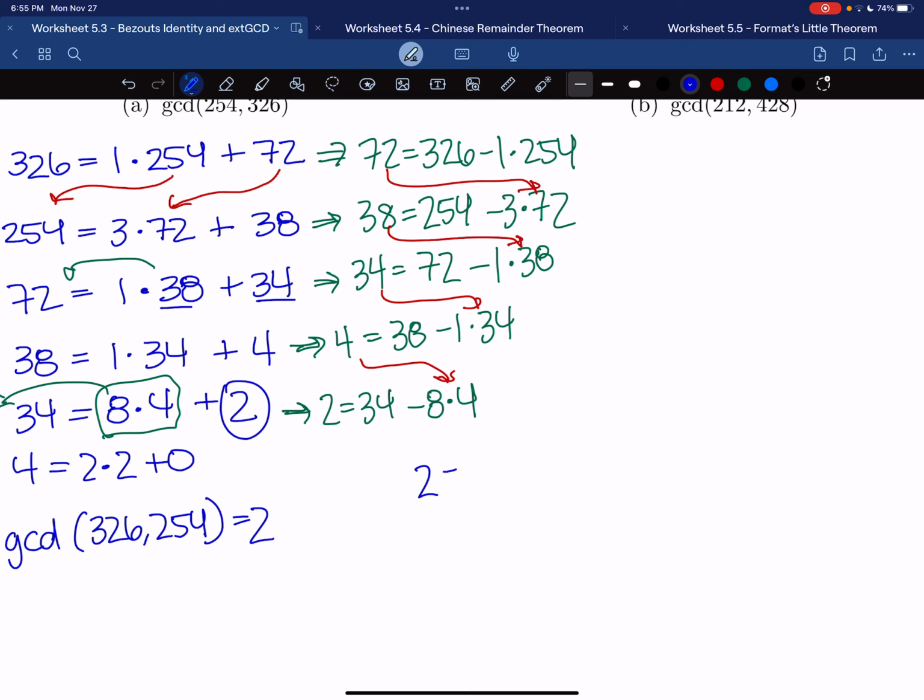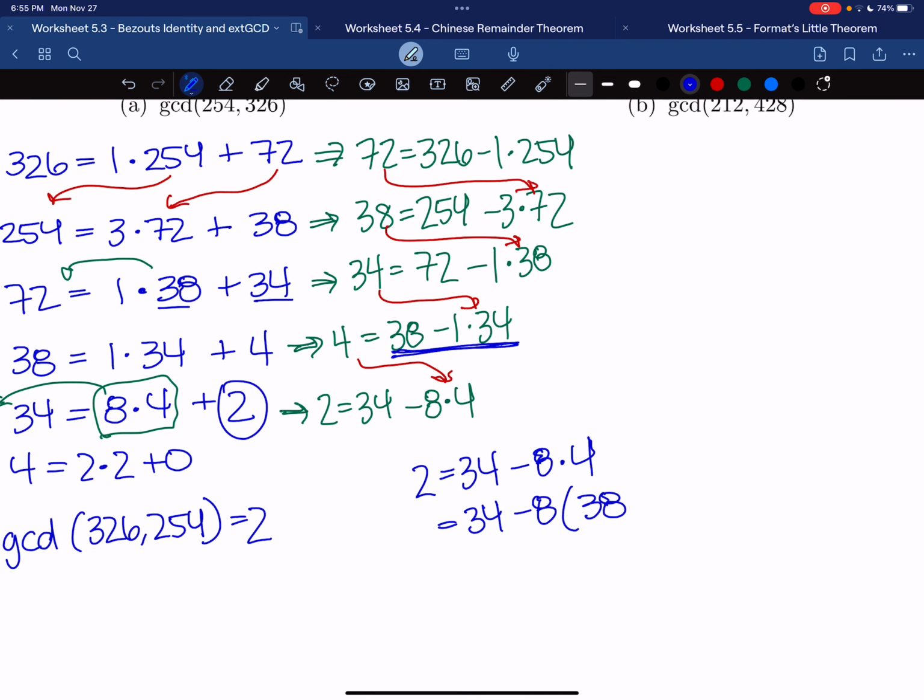2 is equal to 34 minus 8 times 4, which is equal to 34 minus 8 times, and here I want to use a different version of 4, 38 minus 1 times 34. Okay, that's fun. What does that give us?